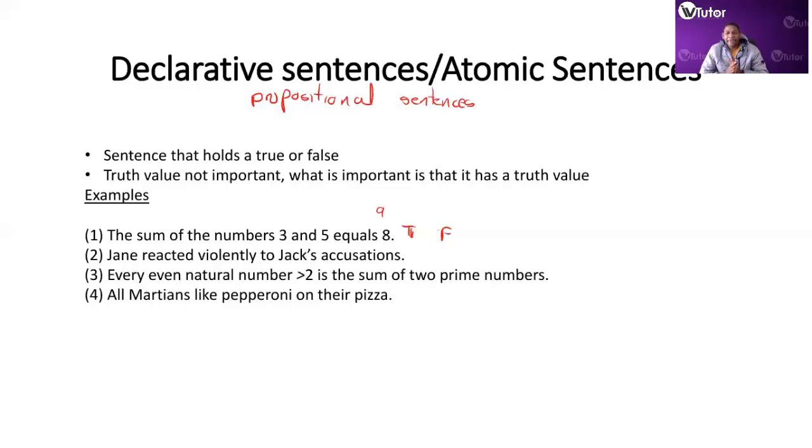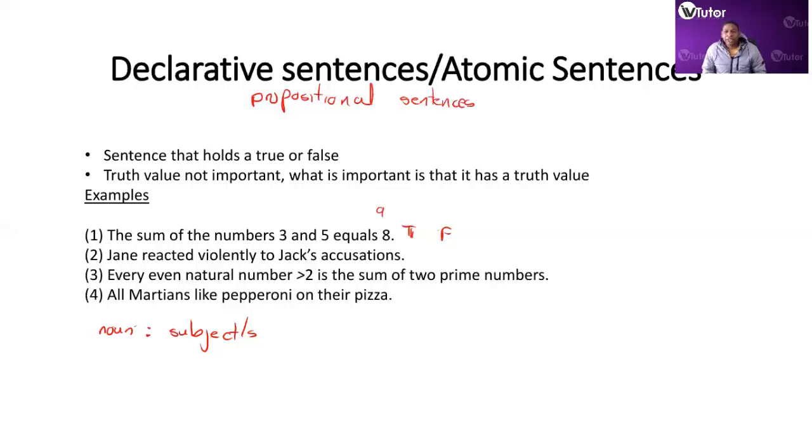Let's investigate all these 4 examples. They've got things in common. In each, we find a noun, a subject. In the sum of numbers 3 and 5 is equal to 8, we are looking at 2 subjects, 3 and 5.